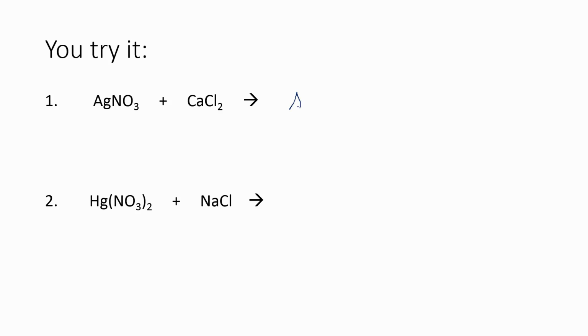Alright, so we're back. AgCl, the Cl and the Ag, we're switching partners. +1 and -1, check. Ca, cations first, nitrate, +2, -1. I'm going to need 2 of these. Good. All nitrates are soluble. All chlorides are soluble except silver, lead, and mercury.